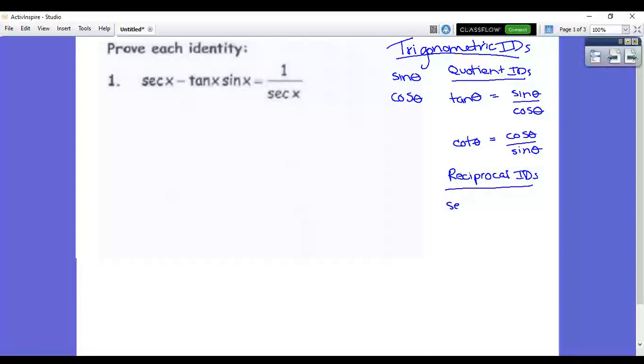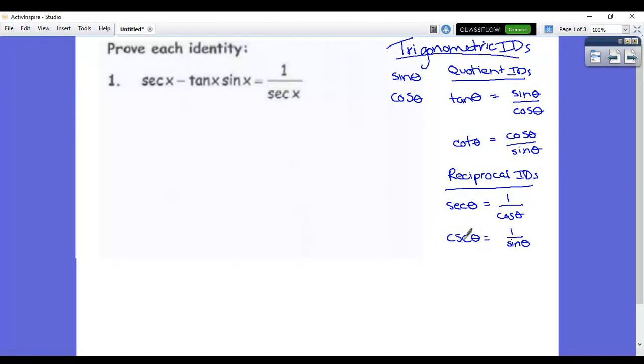So you've got secant, which, do you remember what the inverse of secant is? Yes, it's 1 over cosine. And then you have cosecant, which is 1 over sine. So again, this quotient reciprocals.